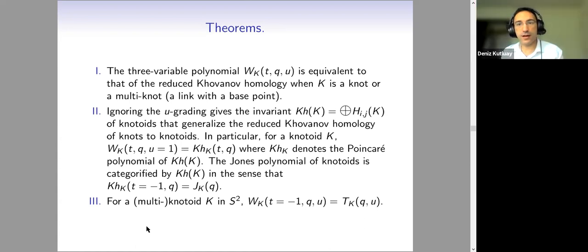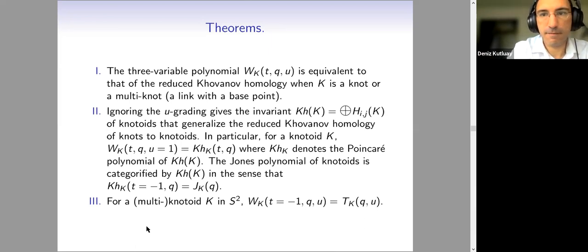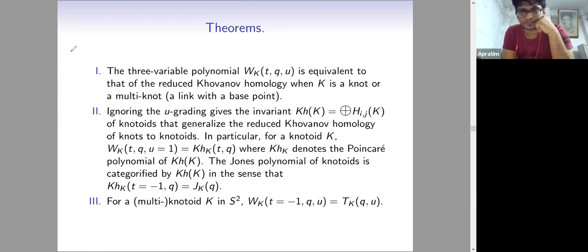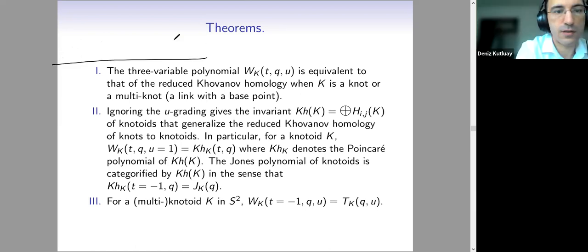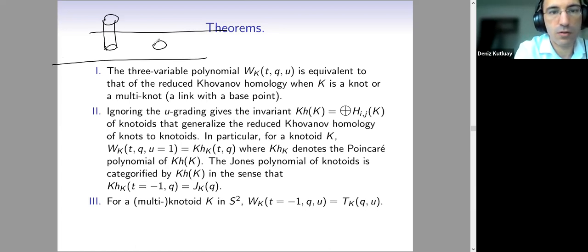geometric objects for natoids. So it looks like this basically. I will try to write on the screen. If you have a surface, you drill out two cylinders.